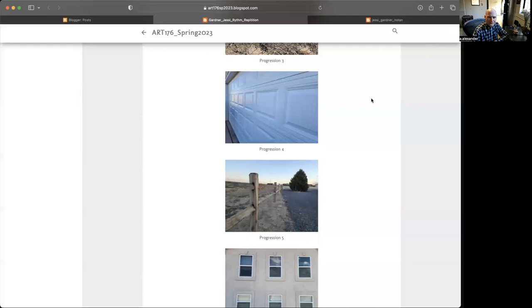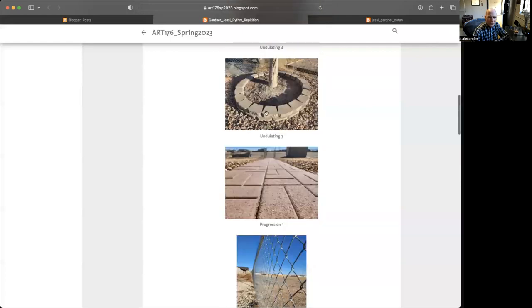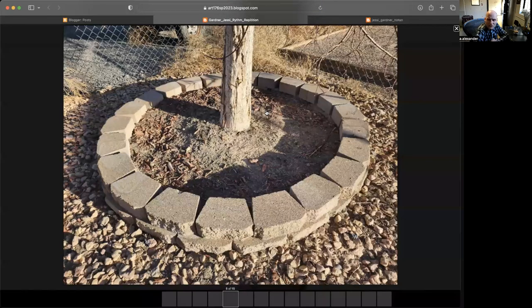Now, we identified this one as undulating, and so I'm going to take a look here to see what we are seeing as possibly the undulating rhythm. I'm getting the idea that this is moving around. This is more like an alternating rhythm that I'm seeing here, going around in a circle. You do have these rocks, which is a dissonant rhythm.